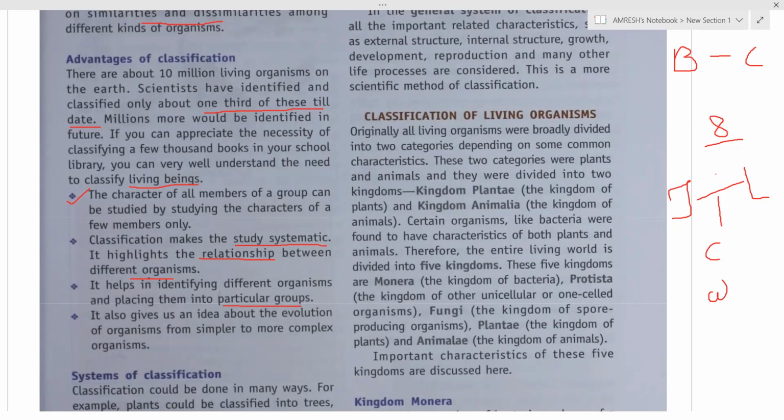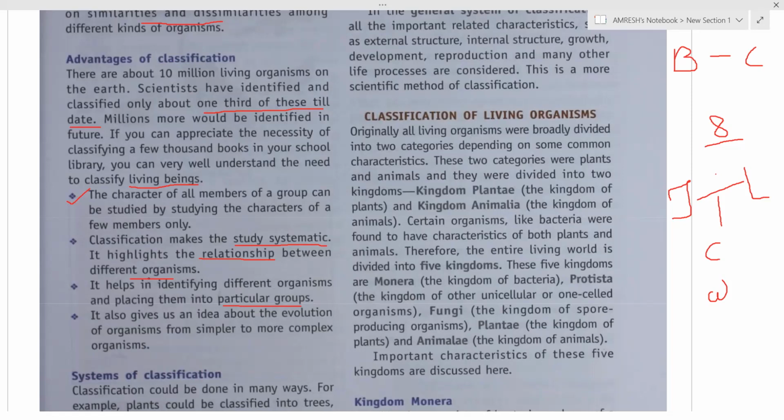I know one animal and another will be different, but in many characteristics they have similarities. So we need not focus on each and every individual carnivore. We can take one or two carnivores and make a general characteristic: yes, carnivores have long canines, carnivores eat flesh of animals. Okay.